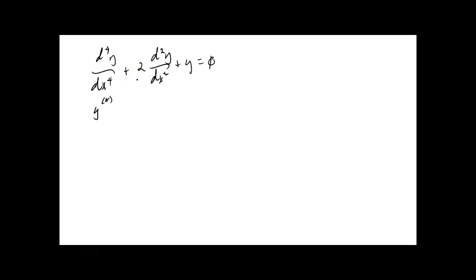Some put the number 4, but I'm used to the old IV. Plus 2y double prime plus y. And then you rewrite that as m to the fourth plus 2m squared plus 1 equals 0. I guess you want to solve that. Yes, of course.